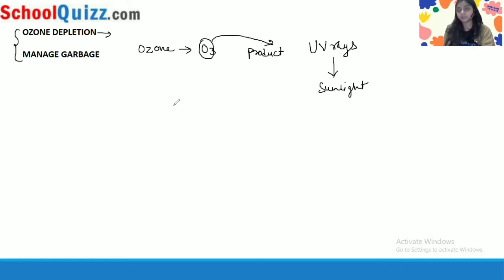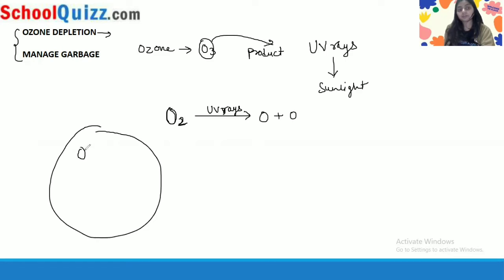In the upper atmosphere, we have oxygen, and the oxygen formula is O2. The UV rays coming from the sunlight react with this oxygen and break these oxygen molecules into free oxygen, O. So in our atmosphere, we have some free oxygen, and we have some oxygen molecules as well.